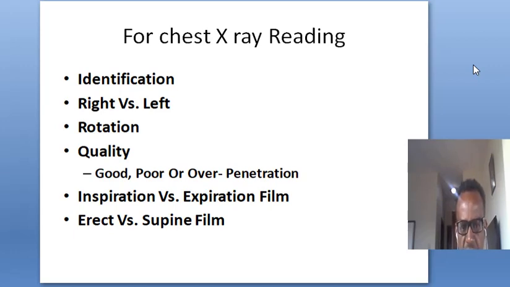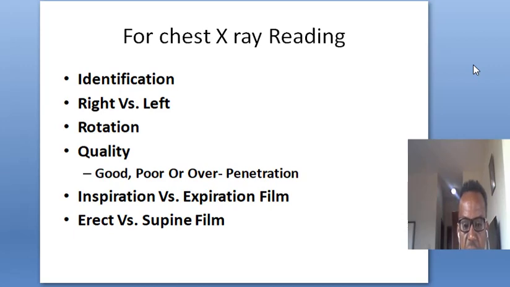The other important is quality of the X-ray, whether it is good penetration, over penetration, or poor penetration, because this will make chest X-ray reading difficult to diagnose certain diseases. The other is to know whether the X-ray is an inspiratory or expiratory film. For most of the chest pathologies, mainly the lung, we need an inspiratory film.